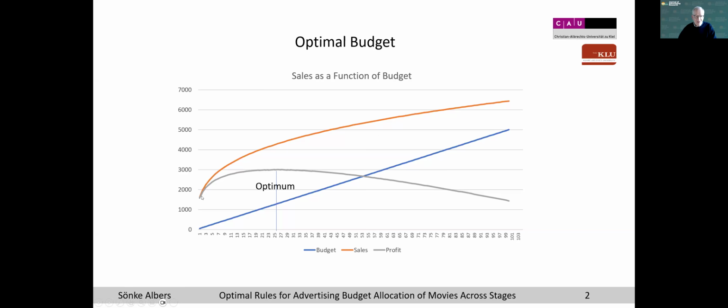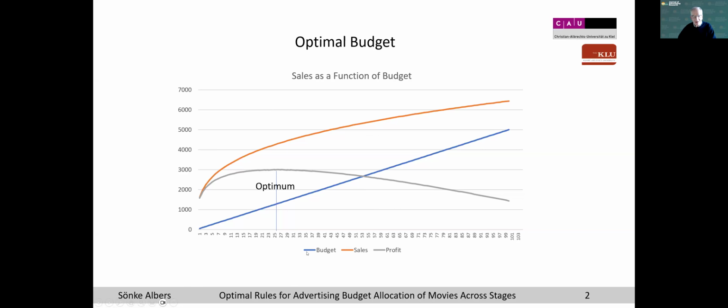And this function, the sales response function, is the orange line here, has diminishing marginal returns because there must be some interval where the costs are higher than the returns for the sales. And therefore we have, if we subtract the budget from the sales here, we have an optimum there. So that's the basic understanding.